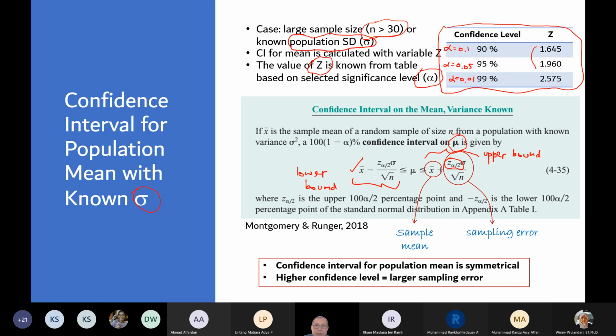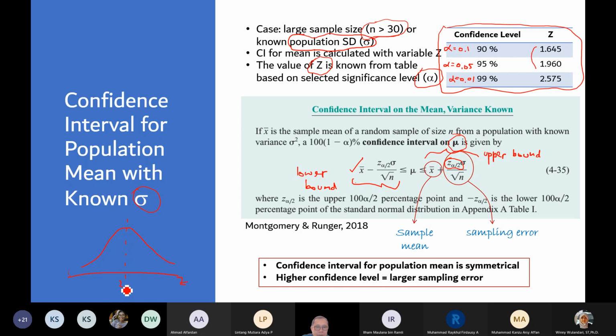Now follow my pen. This is the Z distribution, and it's Gaussian like that.